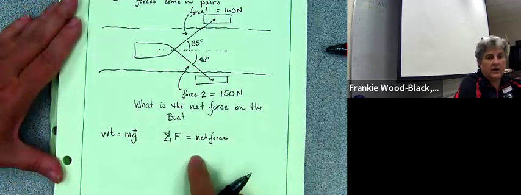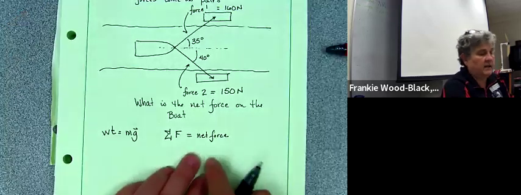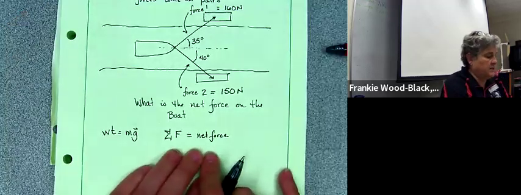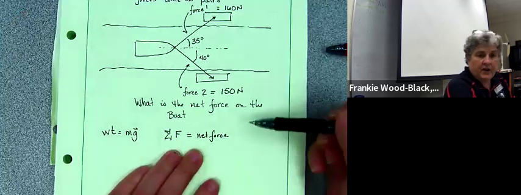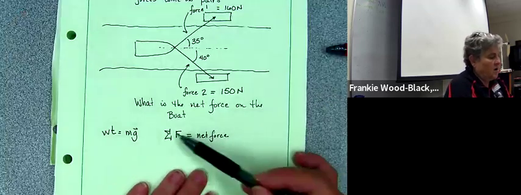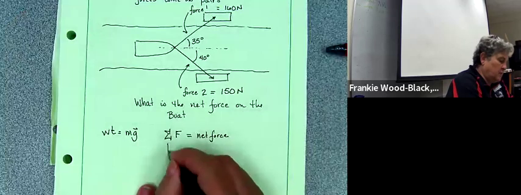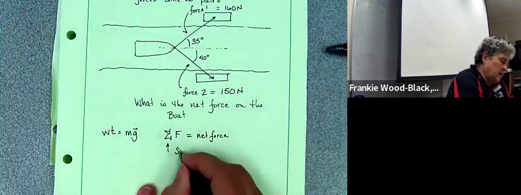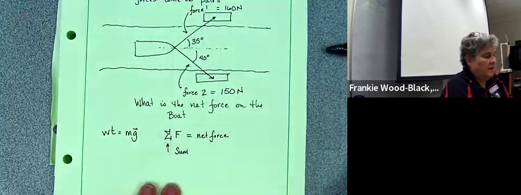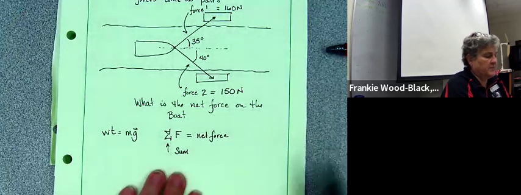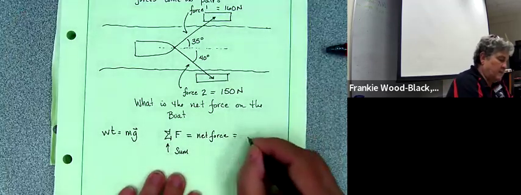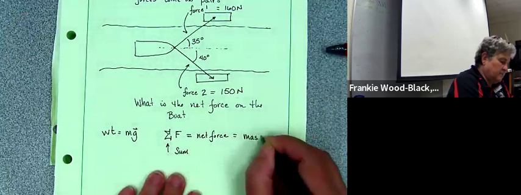And we didn't clearly articulate that on Wednesday. I was waiting for today to do that. So our sum of our forces, that's what this means. This means sum. Sum of the forces gives me my net force, and we said that that was mass times acceleration.